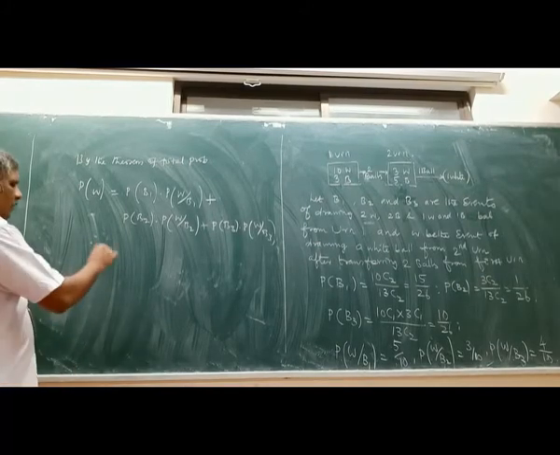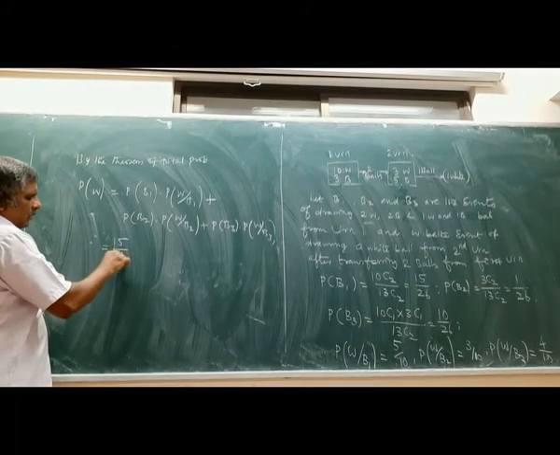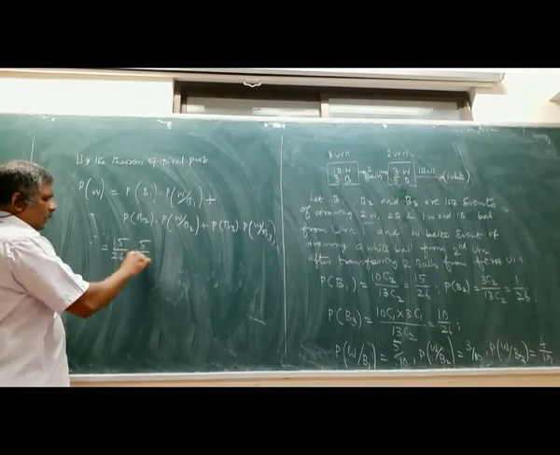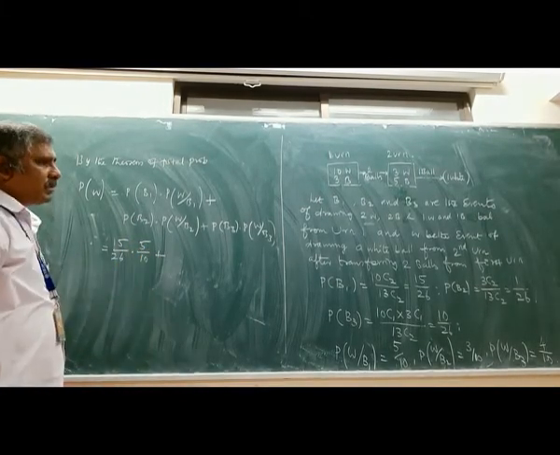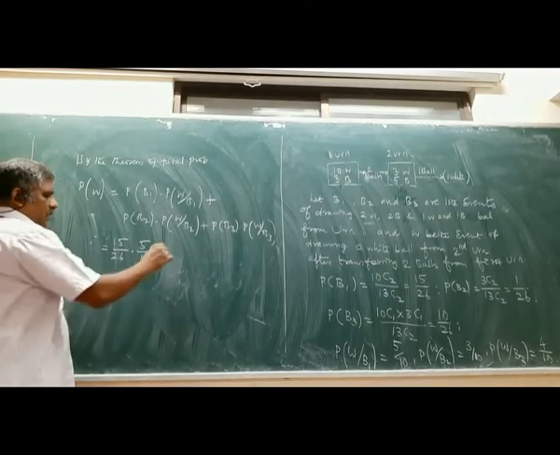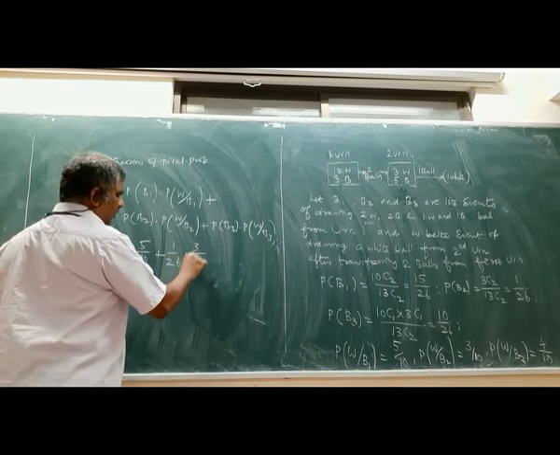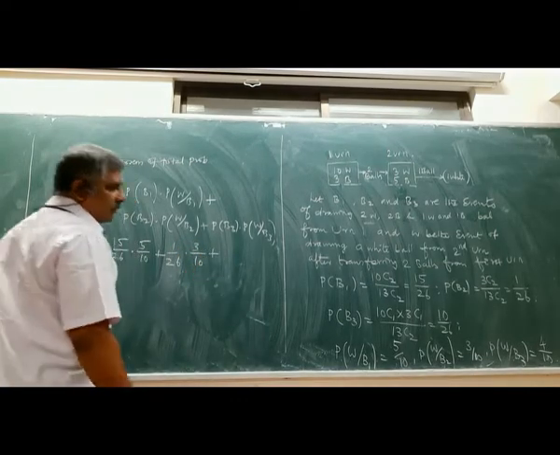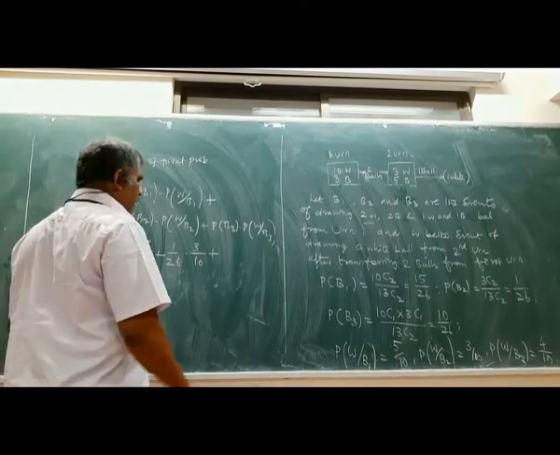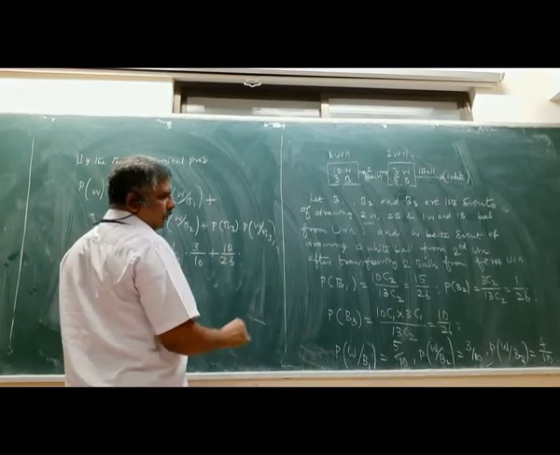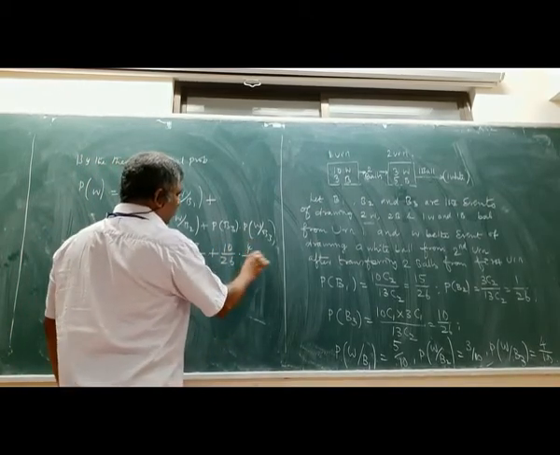V1 is 15 by 26 into 5 by 10, plus 1 by 26 into 3 by 10, plus 10 by 26 into 4 by 10.